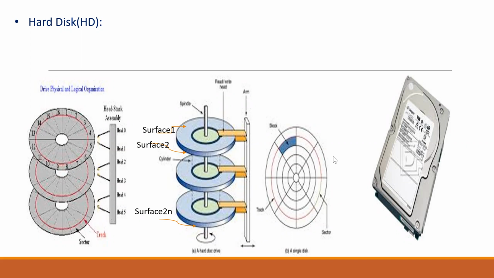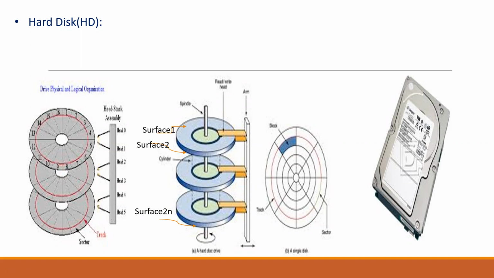And such types of hard disks, how they are built, see in the figure. In this figure, there is one spindle and round-shaped surfaces are bunched together to form the hard disk. And there is an arm, and that arm has the heads.